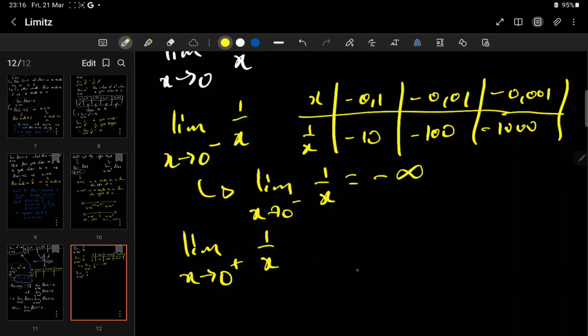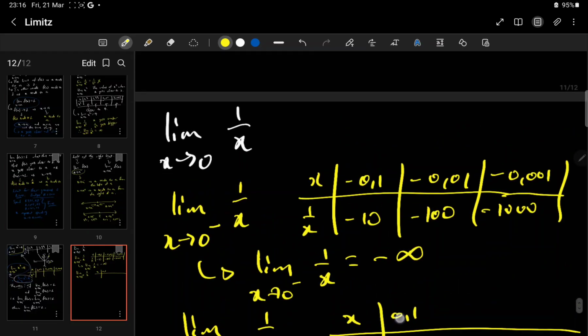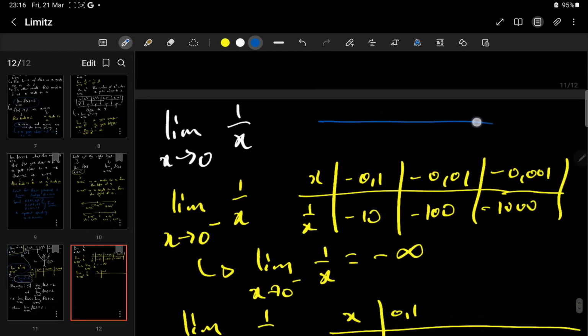In any case, similarly, you can also do the same for 1 over x from the positives. Let's say we have x here, and instead we choose numbers which are approaching 0 from the right of 0. Let's say we have 0 here. When we approach 0 from the right, this is x approaching 0 from the right, and when we approach 0 from the left, this is x approaching 0 from the left.